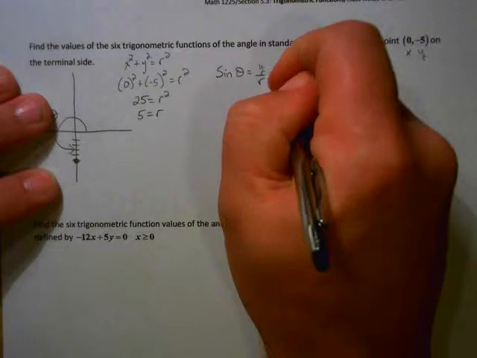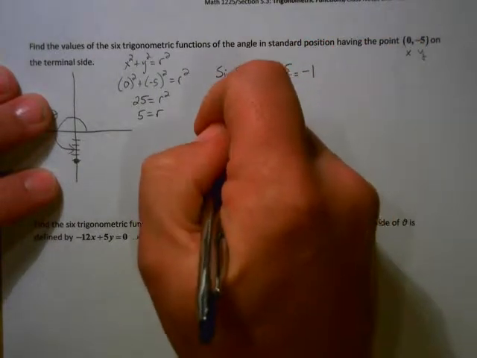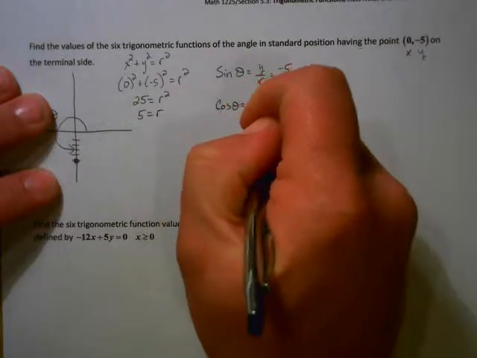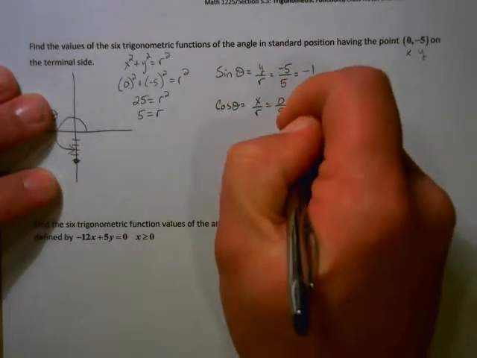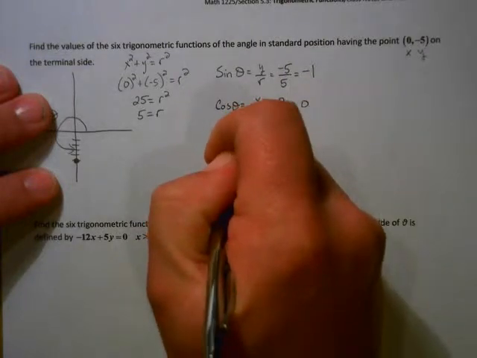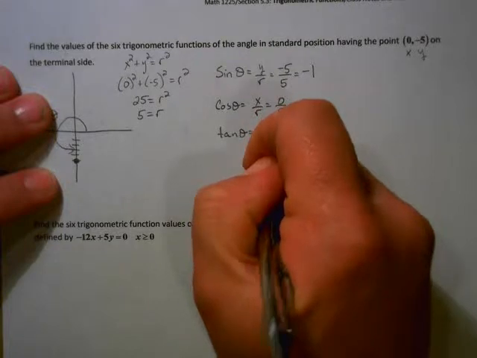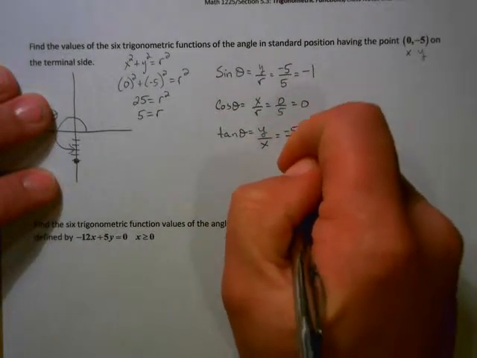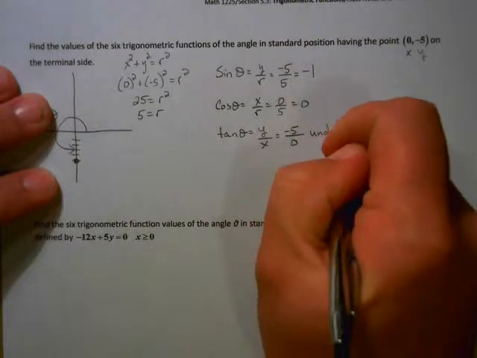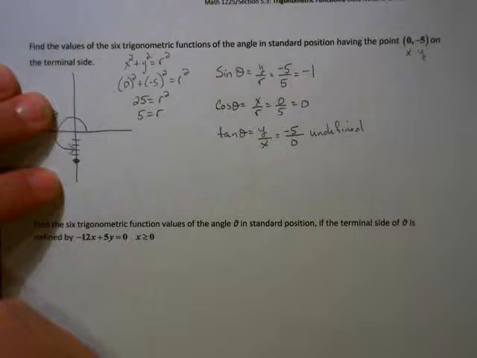Y is -5 over 5 or -1. Cosine theta, x over r, which is 0 over 5, which is 0. Tan theta is equal to y over x, which is -5 divided by 0, which is undefined. We can't have a 0 divisor.